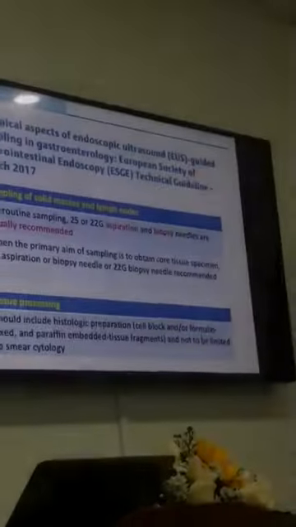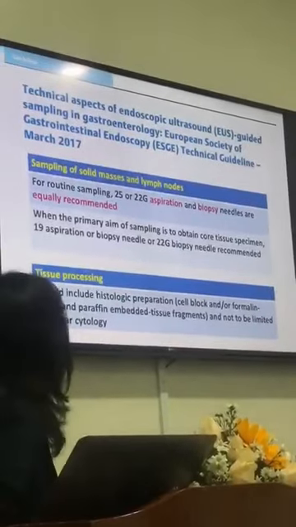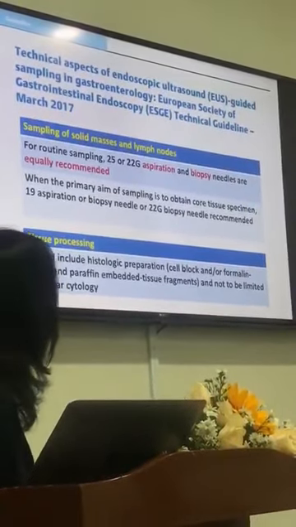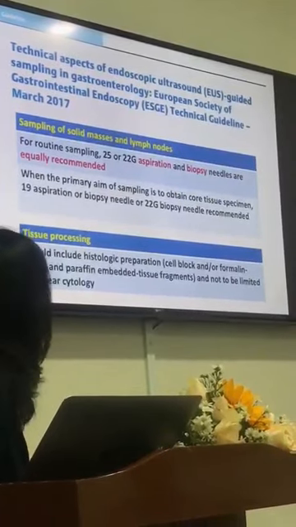And with that, if you do cytology in combination with cell block, basically you improve the diagnostic accuracy with clinical significance. So I'd like to encourage you to basically try to do all the measures to improve the yield of EUS FNA. Here's the ESGE guidelines on technical aspects of EUS FNA-B.